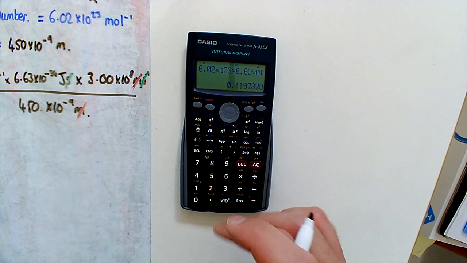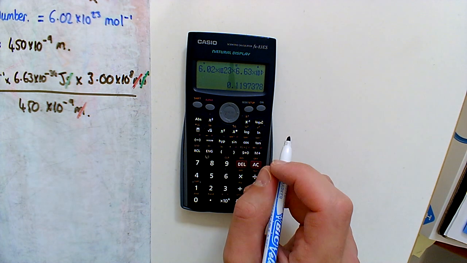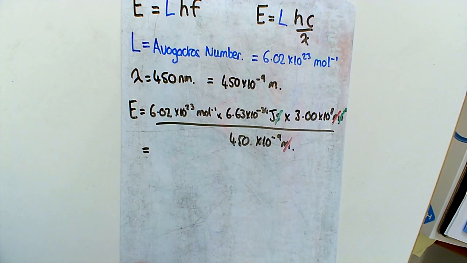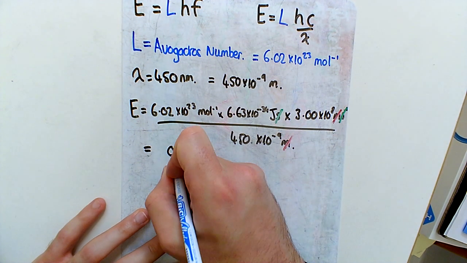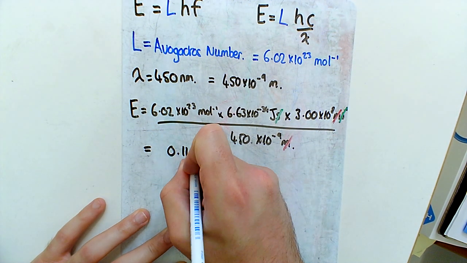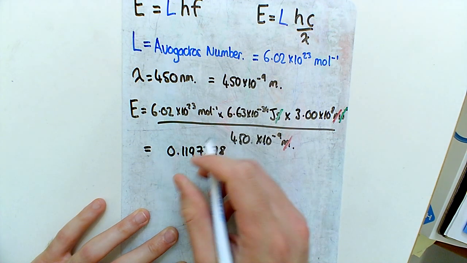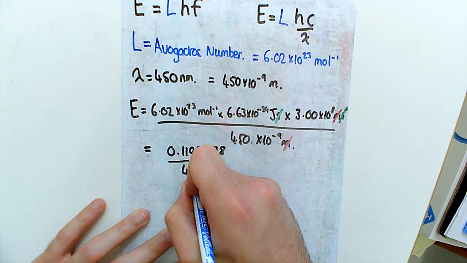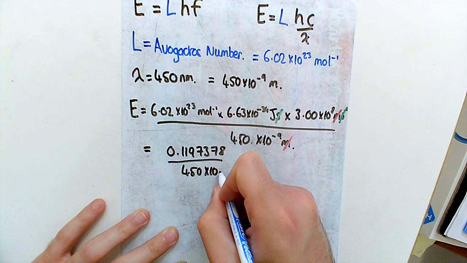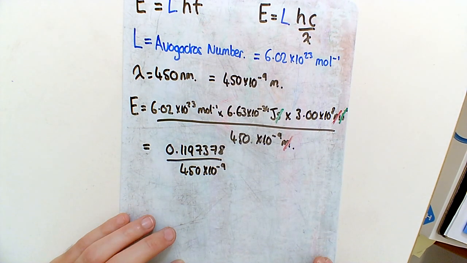So it's got an exact value, 0.1197378. So that equals 0.1197378 divided by 450 times 10 to the minus 9.